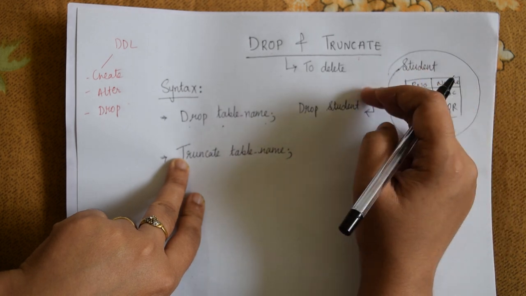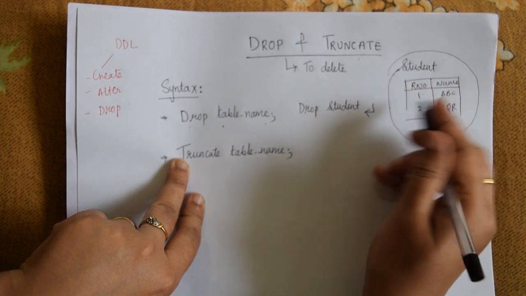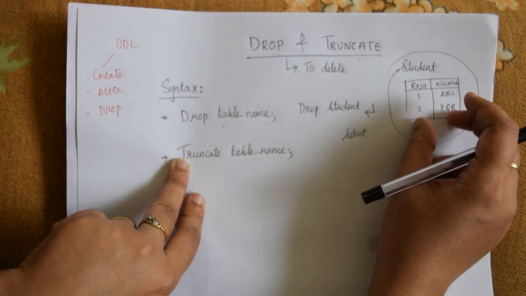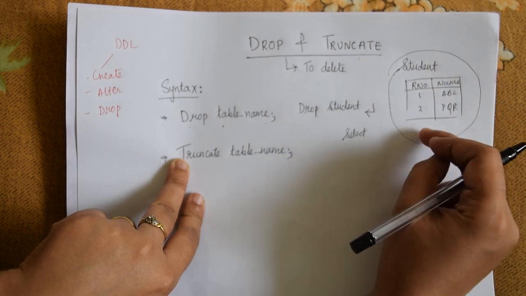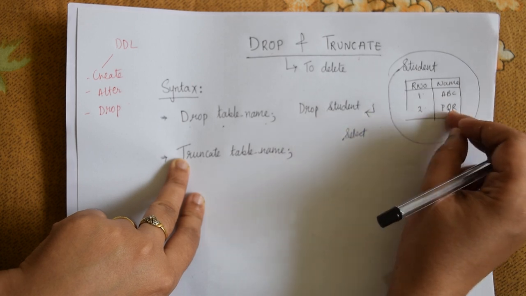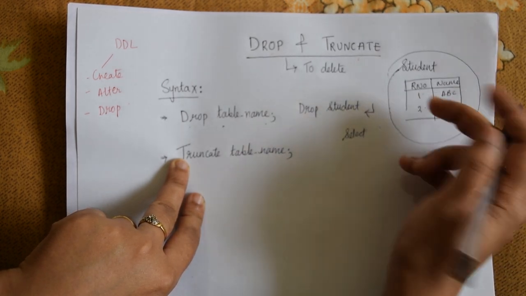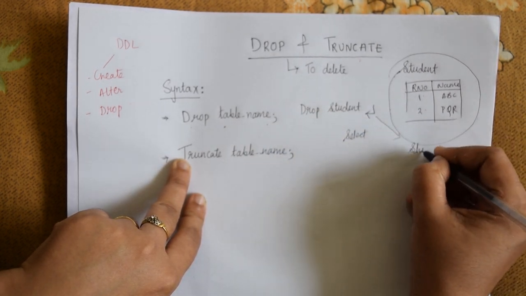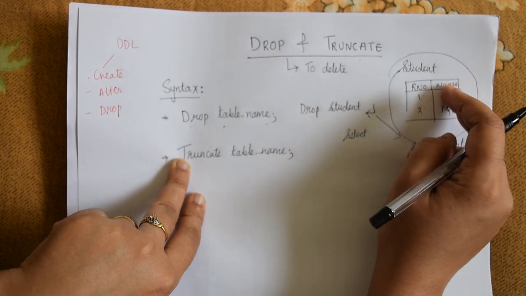Now after this, if you want to view the details of the student table, if you execute select star from student, you will get a message that the student table does not exist. Okay, so everything related to the student table, values, structure, everything is deleted, correct? So you can say it is like a permanent delete, shift delete. Okay, so your student table is deleted now.